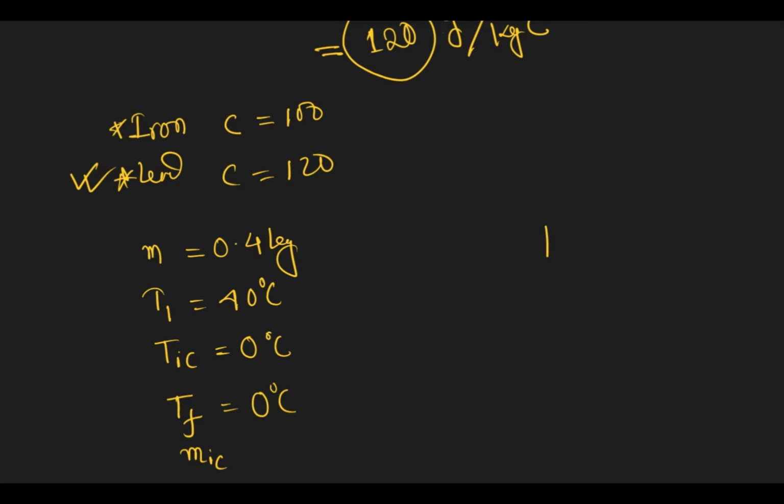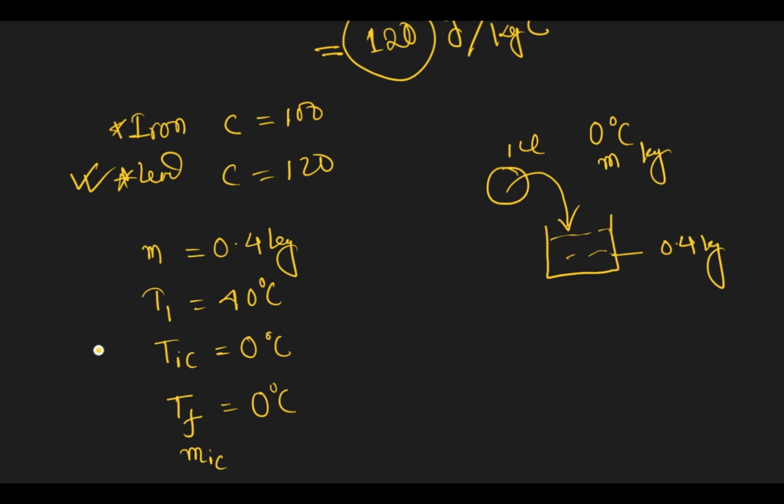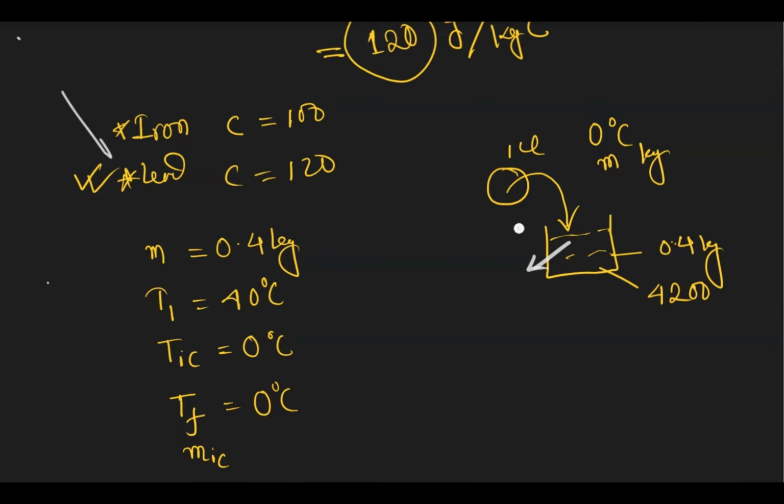So here is the glass of water, and the amount of ice added here. The temperature of ice is 0 degrees Celsius and the amount is m kg that we have to calculate, and the mass of water is 0.4 kg, and the specific heat of water is always 4200 joule per kg per Kelvin. The mixing temperature, or final temperature, is 0 degrees Celsius.